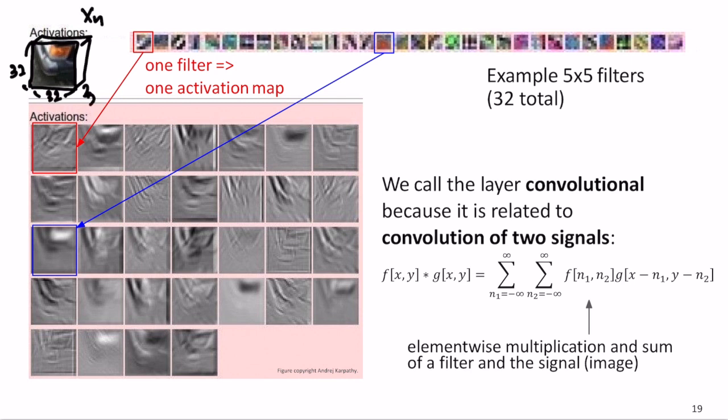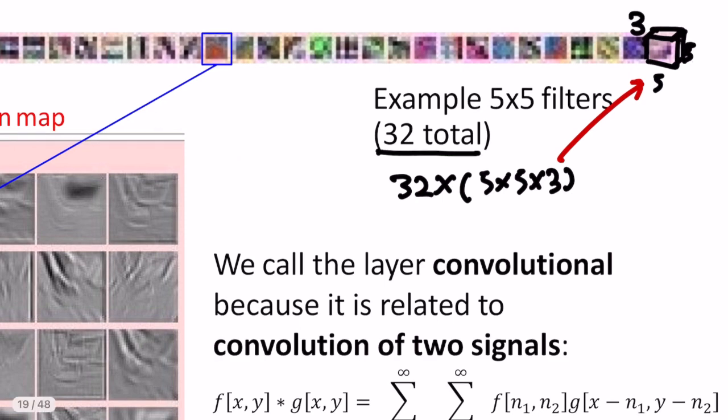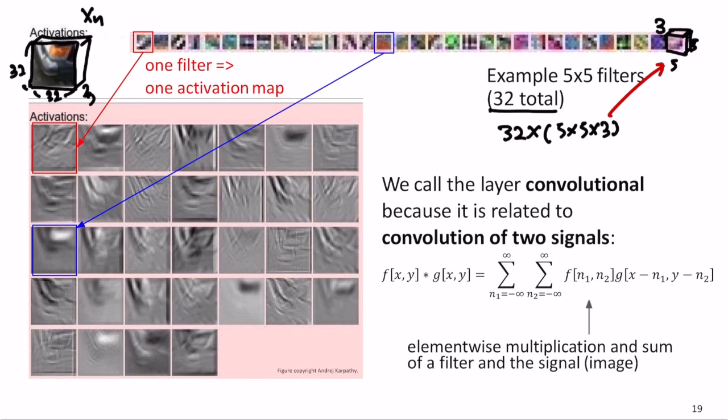And if we consider 32 different filters of size 5 by 5 by 3, because this is color, each filter has color information, and these are the learned kernels.